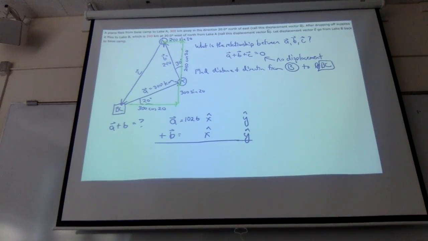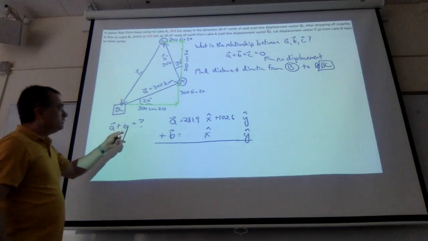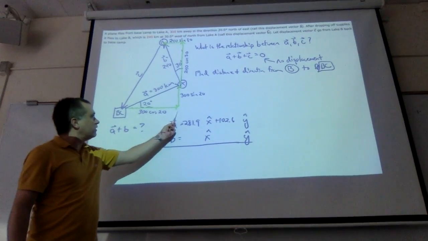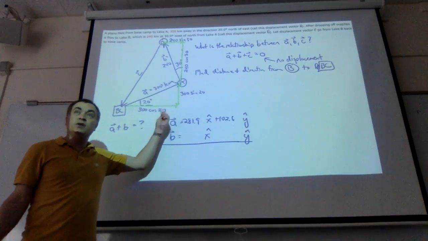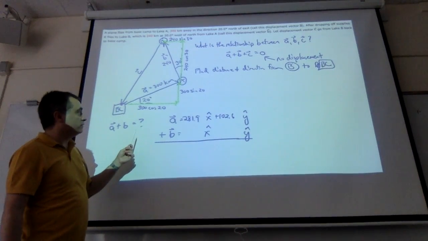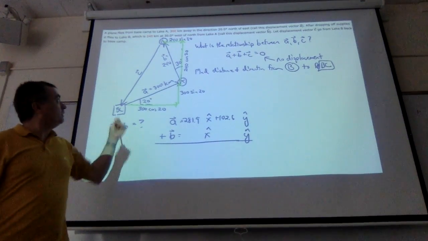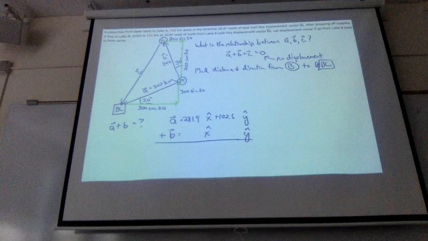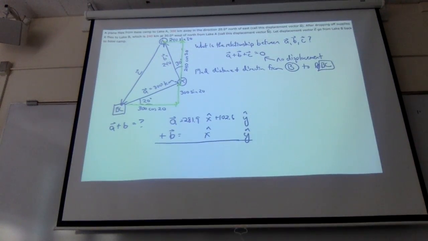Oh no! Let's see. And then 300 cosine 20 is 281. 281.9. Okay. So that makes sense. We're going farther in the x direction than we are in the y direction, which seems to agree with the way that I drew that angle. Okay. Let's do the same thing for that next vector. So 240 sine 30.